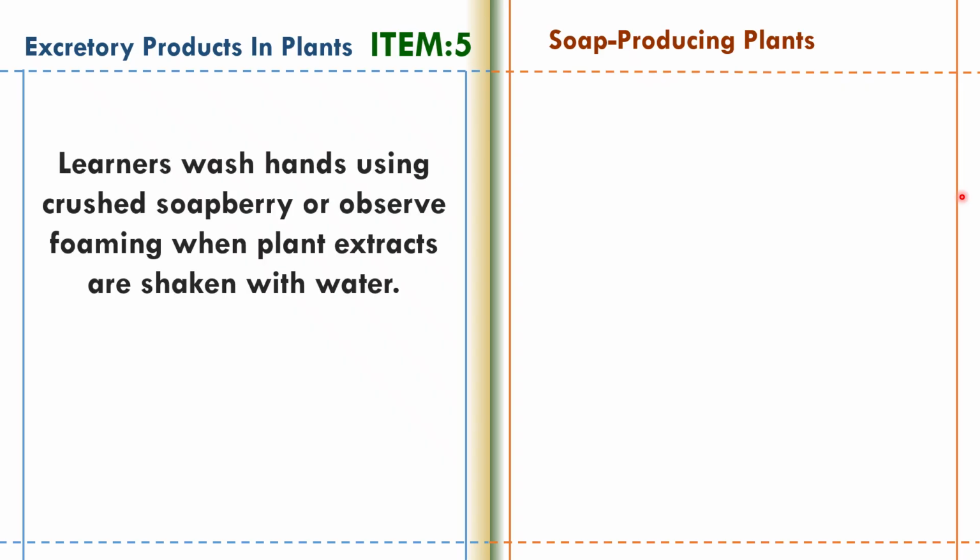Excretory products in plants, item 5. Soap producing plants. Learners wash hands using crushed soap berry or observe foaming when plant extracts are shaken with water.